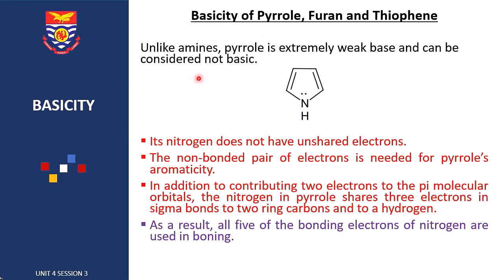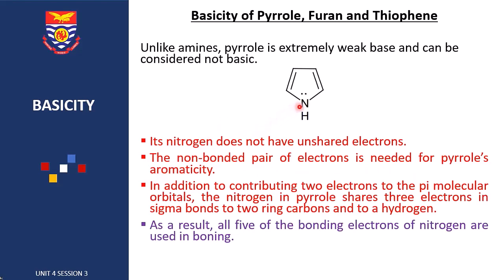Now, unlike amines, pyrrole is an extremely weak base, and it's even sometimes considered as not being a base at all. The reason is that its nitrogen does not have unshared electrons, right? The pair of electrons, the lone pair of electrons here, is involved in aromaticity. So the non-bonded pair of electrons is needed for pyrrole's aromaticity.